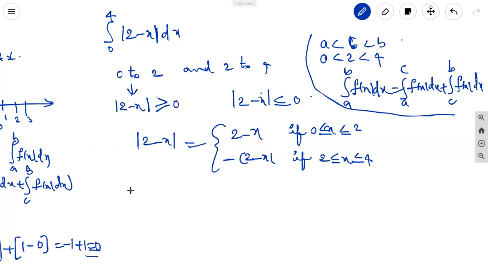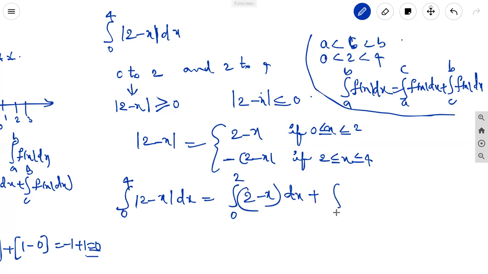So here integral 0 to 4 modulus of 2 minus x dx is equal to integral 0 to 2. In the positive case, you can just take 1: 2 minus 1 is 1, positive. 2 minus 2 is 0. And 2 minus 0 is nothing but positive value. So 2 minus x dx plus integral 2 to 4 minus of 2 minus x dx.